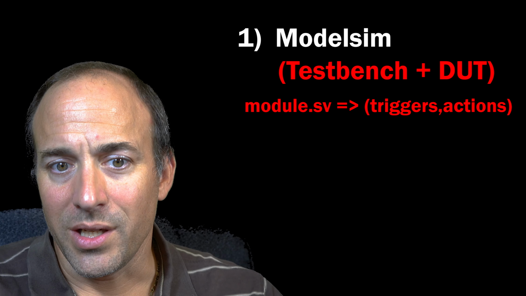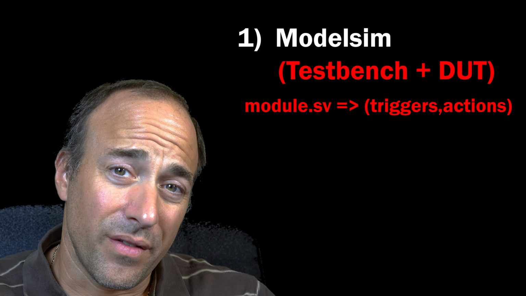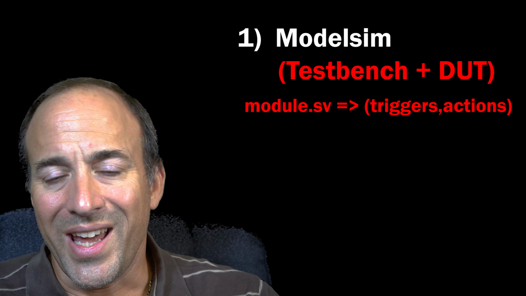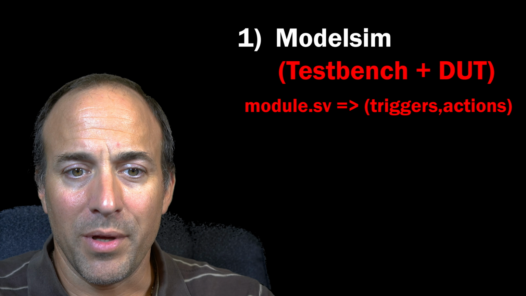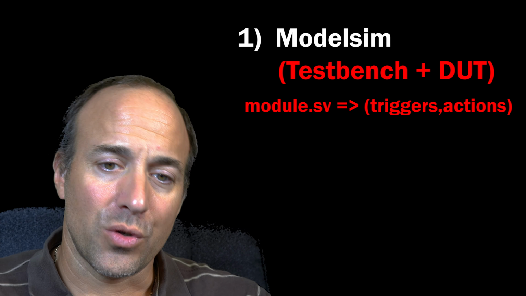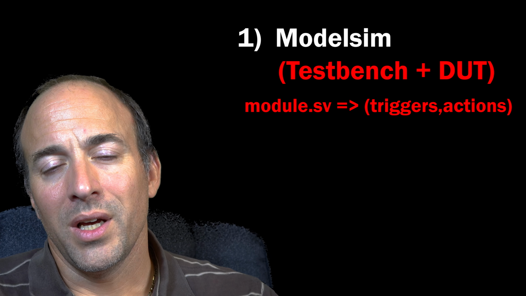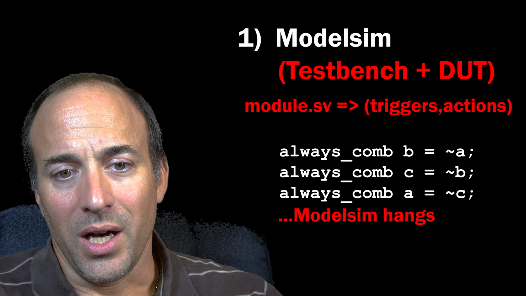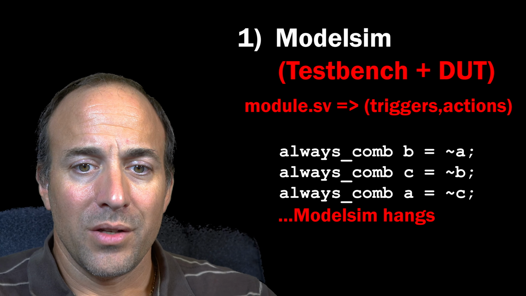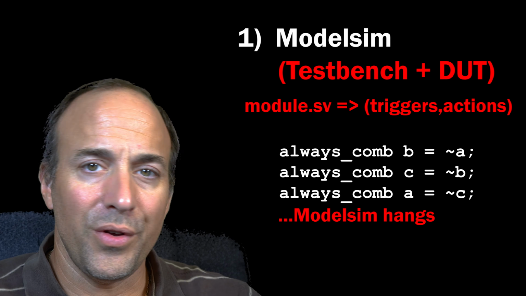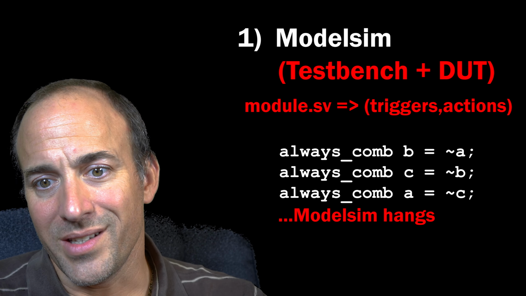As you might imagine, the inherent weakness of this approach is that any circular relationship between an action and a trigger will cause ModelSim to enter an unrecoverable infinite loop of triggers and actions. So you need to always be careful to avoid this in your design.